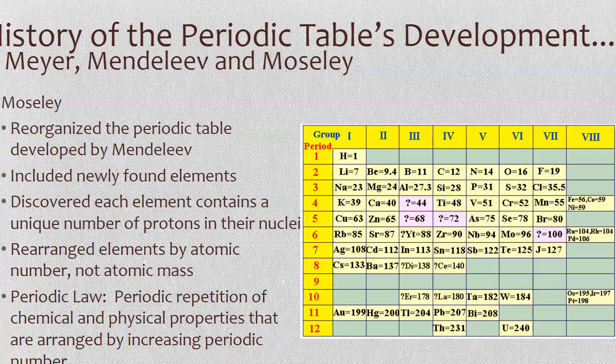And ta-da! We now have atomic number and not atomic mass. And he rewrote the law of octaves to call it the periodic law, which is the periodic repetition of chemical and physical properties arranged by increasing atomic number. And that, my friends, is the history of the periodic table's development.